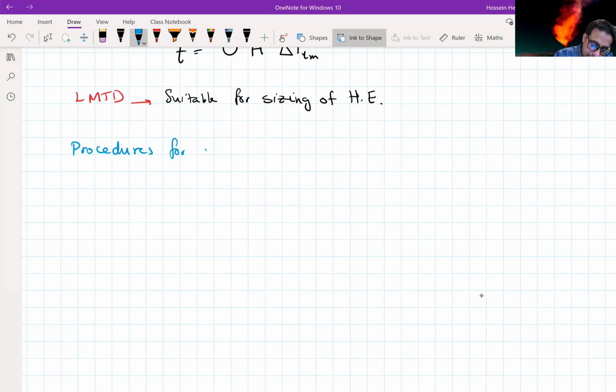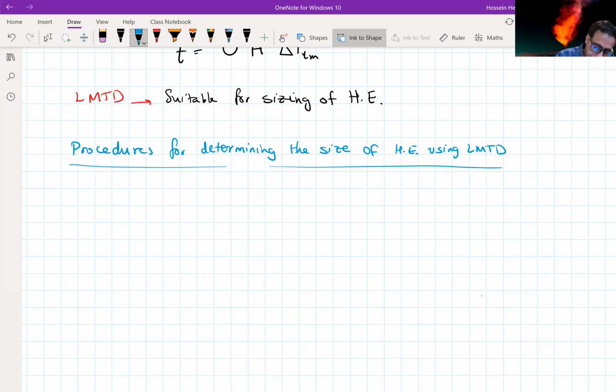Procedures for determining the size of heat exchanger using LMTD. I'm just going to list the steps that we generally take.